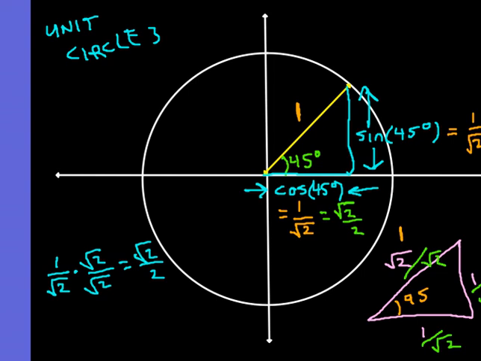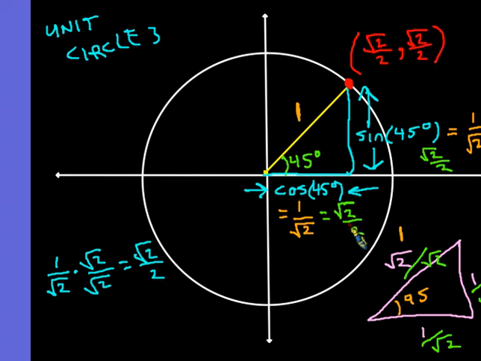Now, with this idea in mind, I'm going to write it down here if you don't mind. With this idea, what we can say is that when we're looking at this point right here on the unit circle, that point at 45 degrees from the horizontal is going to have a cosine of square root of 2 over 2 and a sine of square root of 2 over 2.